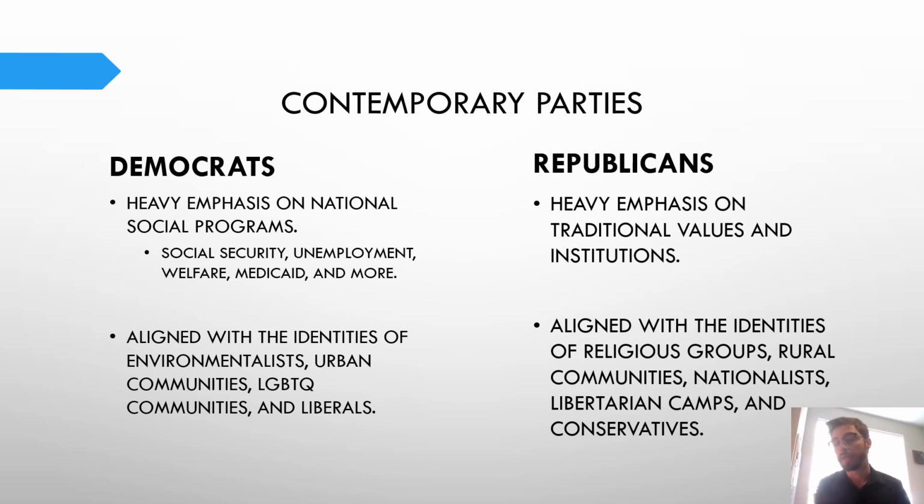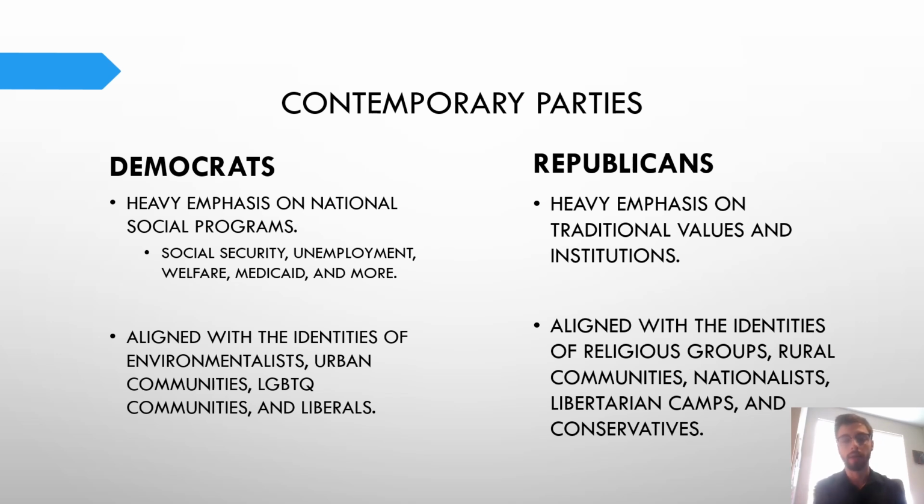So Democrats, there's a tendency for them to align with liberal policies, liberal perspectives on governments, which focuses on national attempts to provide social protections. Think of this through the examples of Social Security, unemployment, welfare, Medicaid, and more. The government should respond to social inequalities or should respond to national security threats on a national level and build up those institutions.